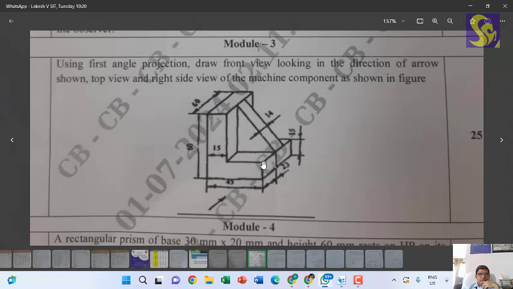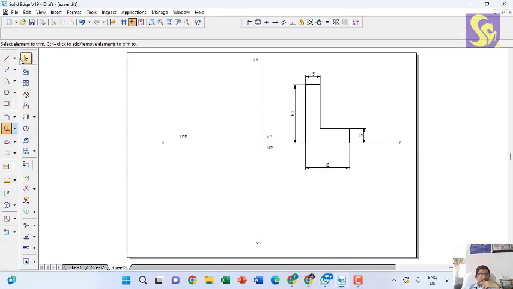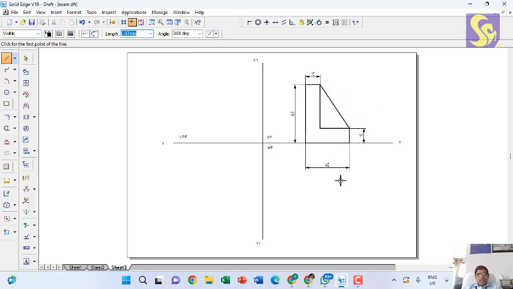That means this and these lines are going to be visible as connected. So in the front view I can see this being connected. Now we'll have to draw the top view. To draw the top view, I'll just draw the projectors from various points.